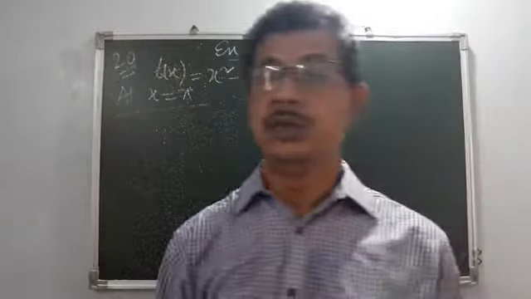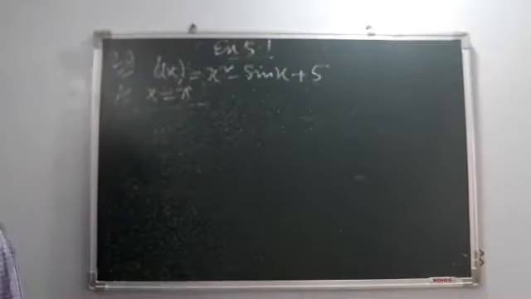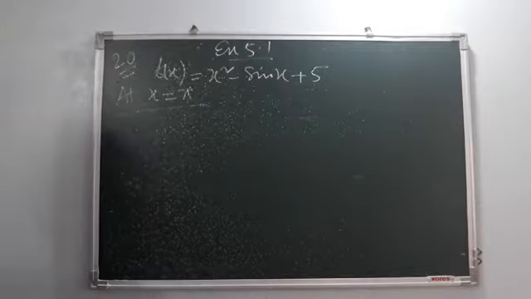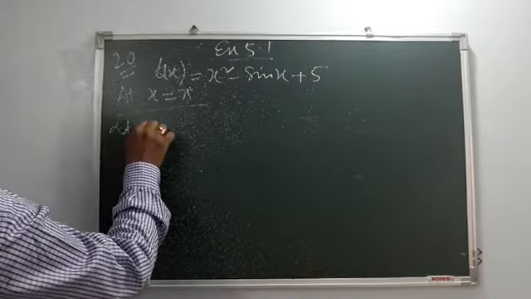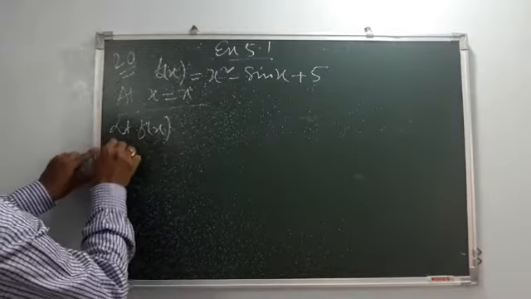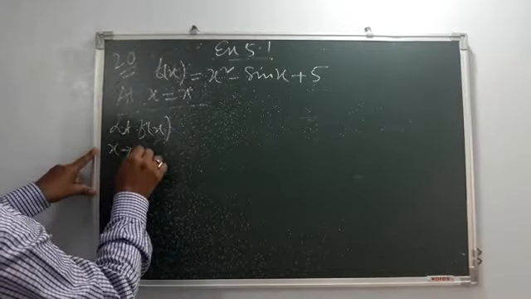So how to do this type of sum? When we get this type of sum, we will find the LHL, that is the limit of f(x) as x tends to pi.